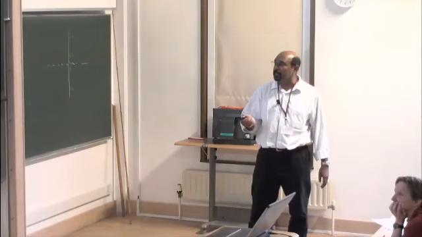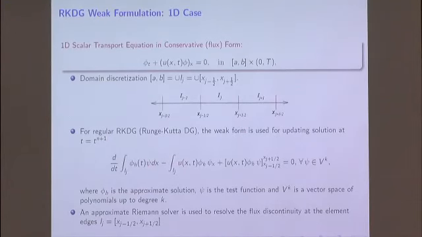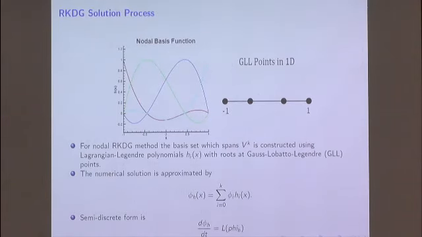So you end up with this weak formulation. Here phi h is the approximate solution, which you look for in the polynomial space, and psi is a test function which belongs to a vector space. At the element edges, you have two values coming from the left and right. You have to resolve it by using a Riemann solver. A Lax-Friedrichs Riemann solver is more than enough for DG application.